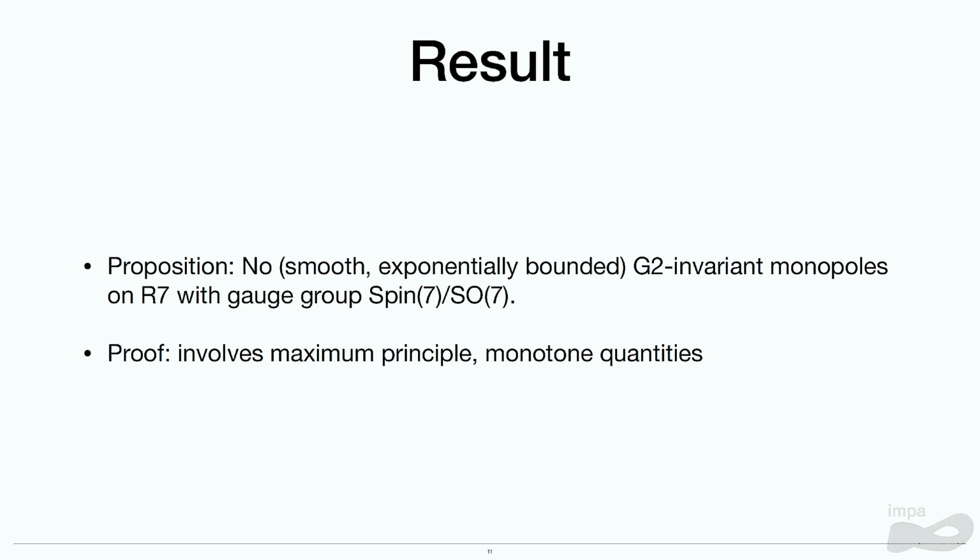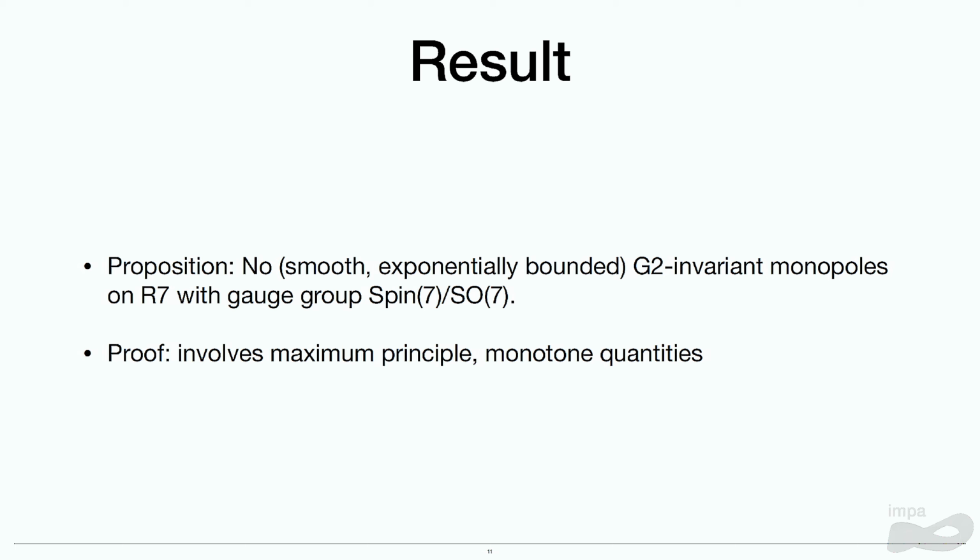But as I said, sadly, this doesn't actually work, which would be very nice if it did. There's no smooth exponentially bounded solution. By exponentially bounded, I mean there might be solutions where the norm of the curvature grows exponentially, but I'm not really very interested in those.